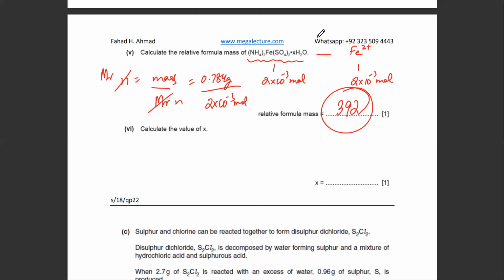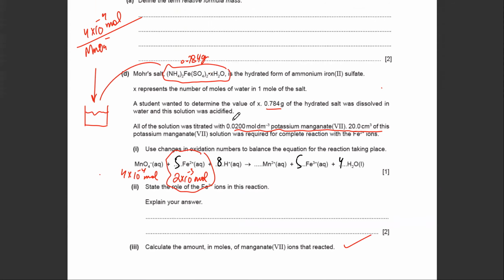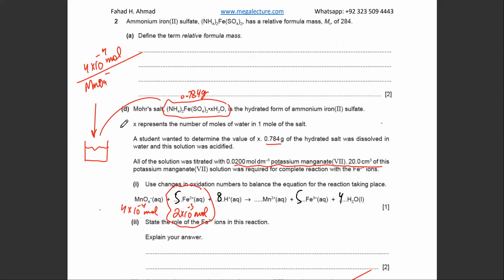Yes. So I'll just quickly recap this question. You had 0.784 grams of the salt that was added to the flask. And he said that potassium permanganate, MnO4, was added from the top. The volume and concentration were given, so we figured out the moles of MnO4 minus 1. We also figured out the moles of Fe by multiplying that by 5, and we got 2 into 10 to the minus 3 moles.